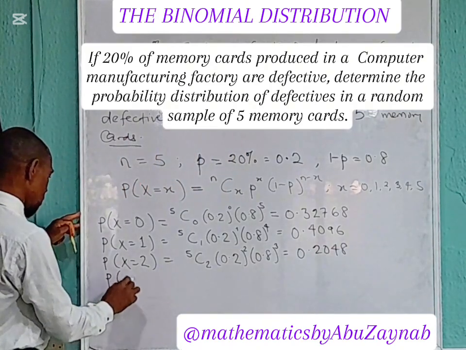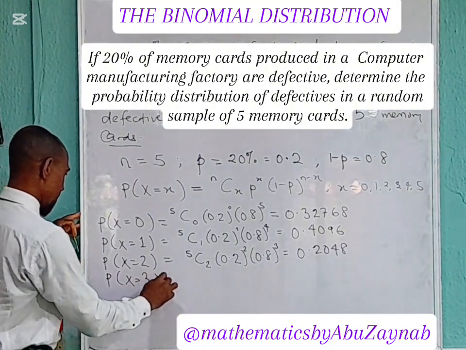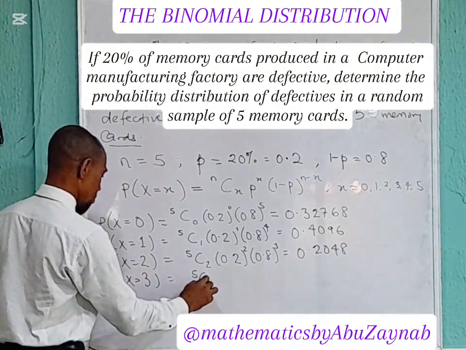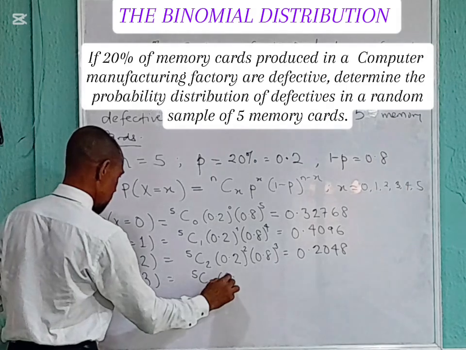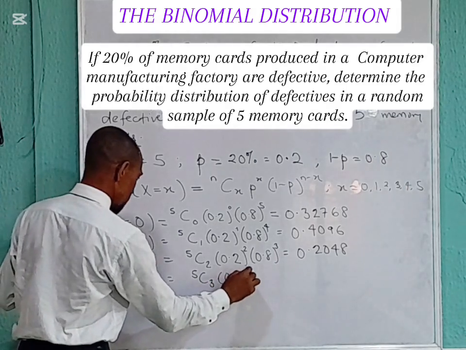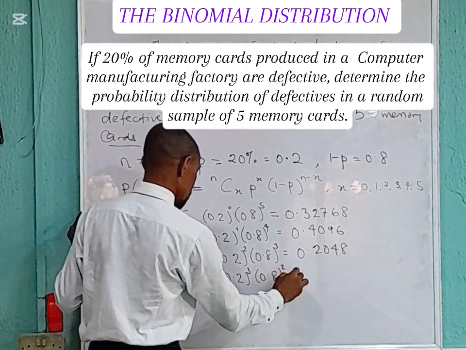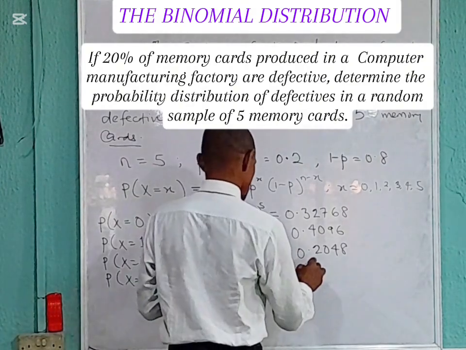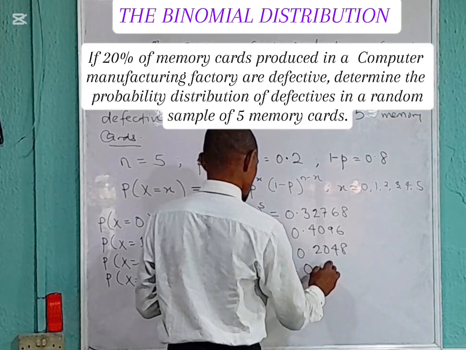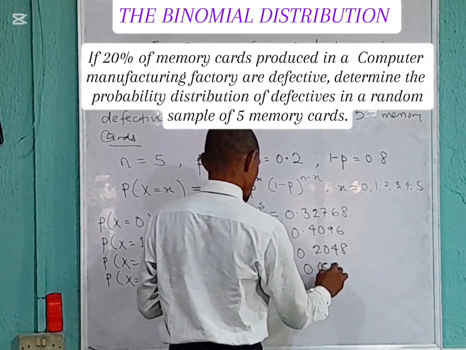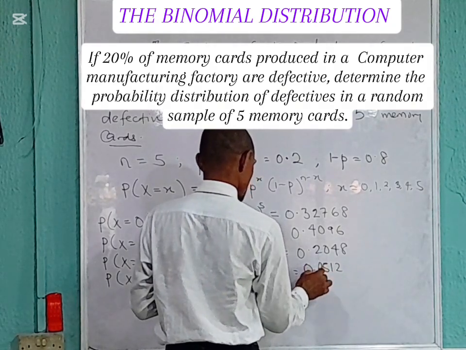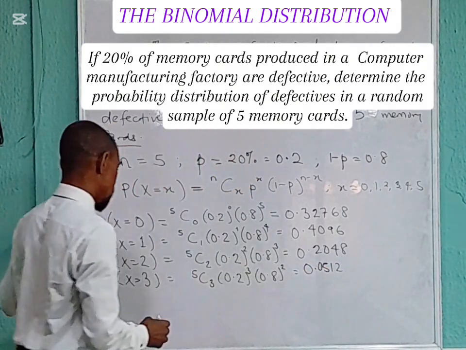Then we move to when x is 3. We have 5 combination 3, 0.2 raised power 3, and 0.8 raised power 2. So then we have 0.0512.